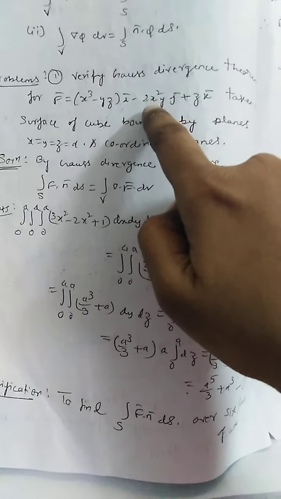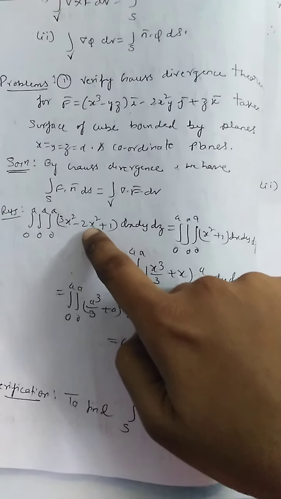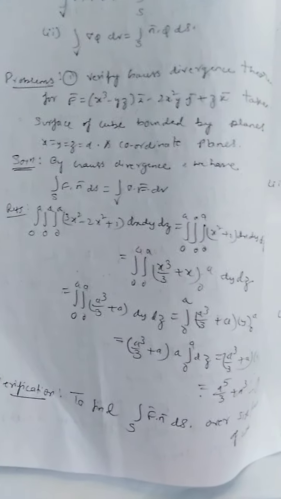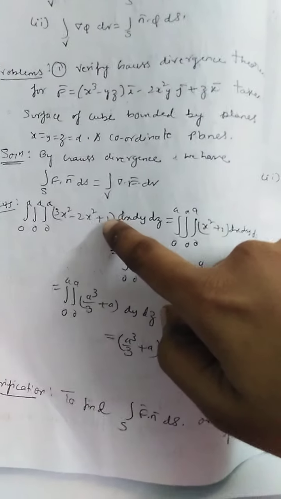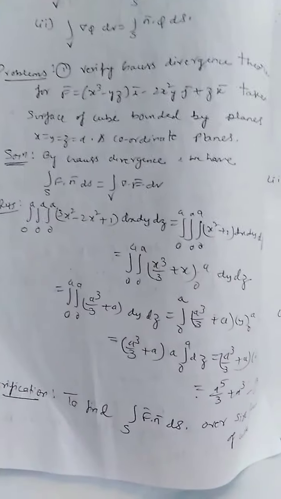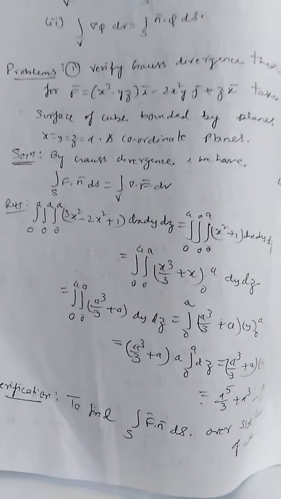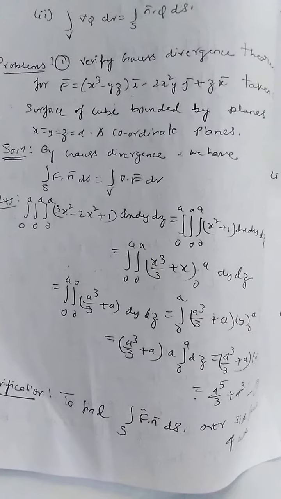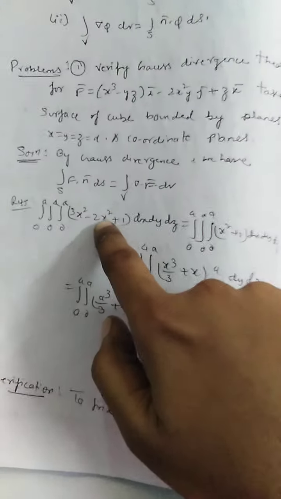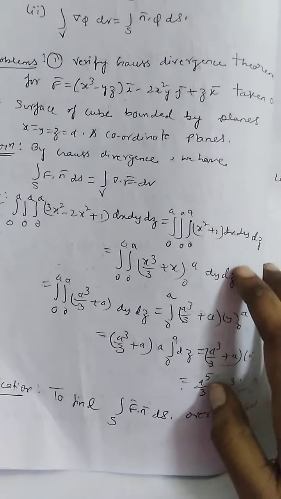Then 2x square y differentiated with respect to y gives 2x square, and z with respect to z gives 1. So 3x square minus 2x square is x square plus 1, integrated dx dy dz.